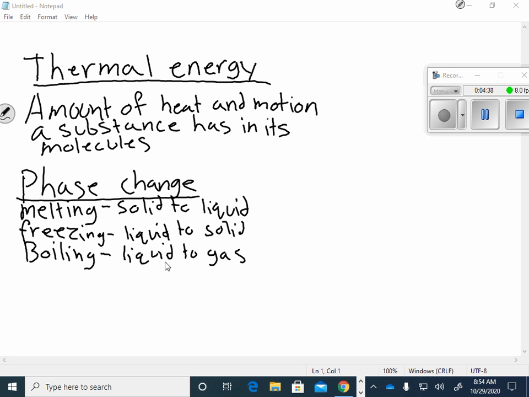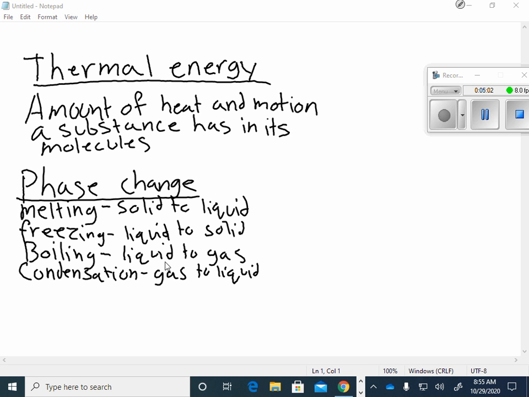The opposite of boiling is condensation, which is gas to liquid. And we can actually see condensation on this right here.